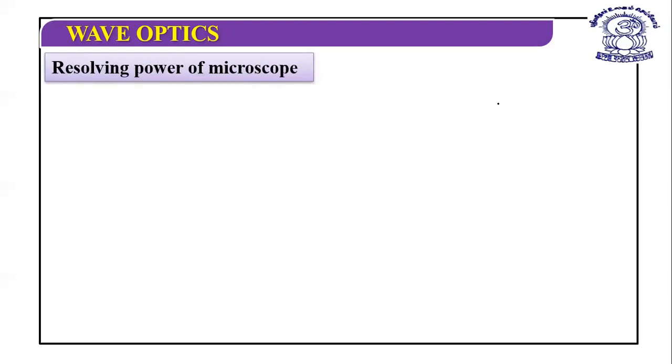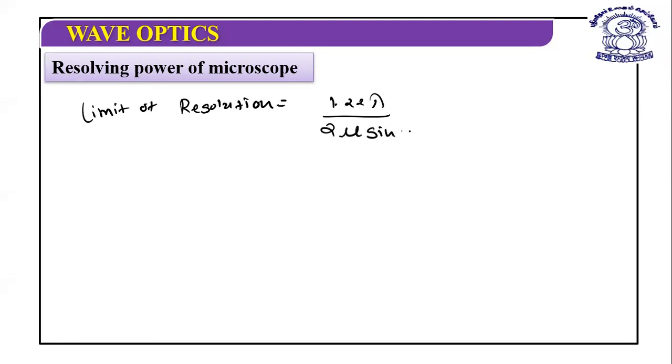The least distance between two just resolvable object points is given by limit of resolution, and that is equal to 1.22 lambda divided by 2 mu sine theta.